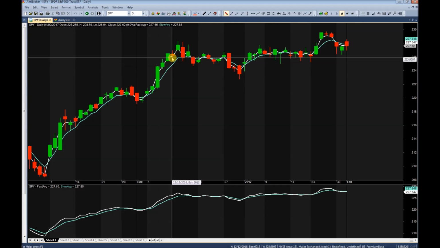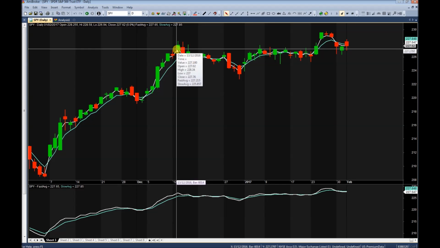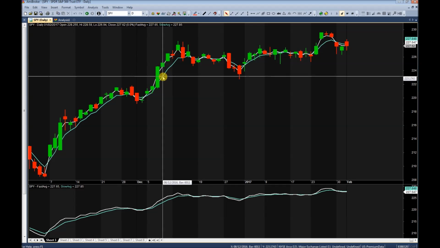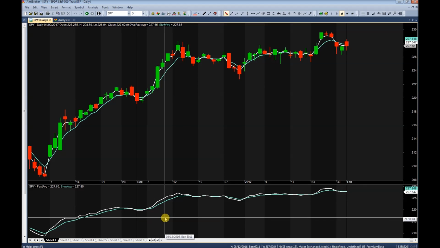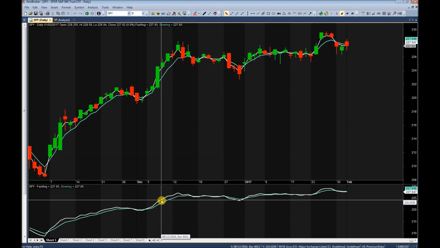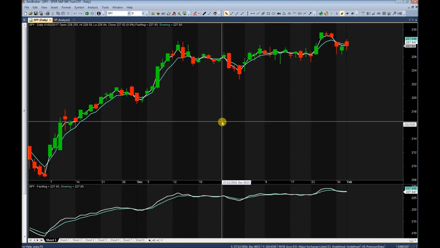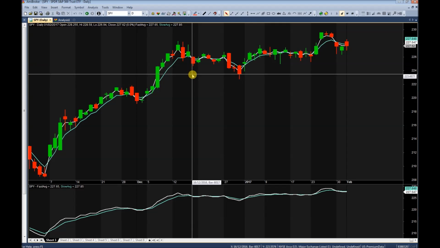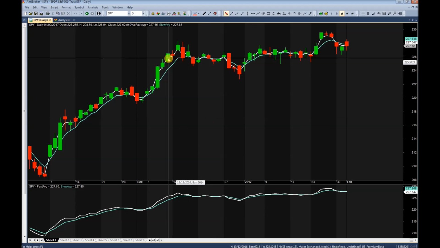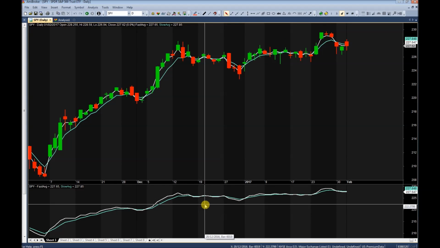The white moving average is the 2-period EMA, and the cyan or bluish aqua line is the 5-period. In the pane below, it's the same setup but without the candles. We're going to see little buy and sell candles, red and blue, above and below where the actual signals take place.